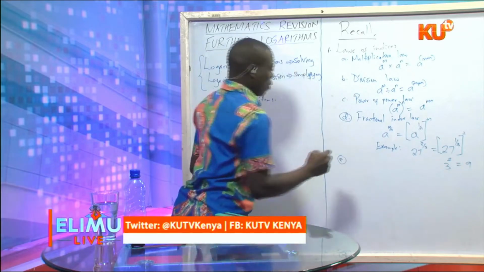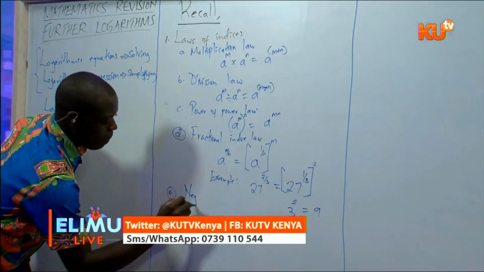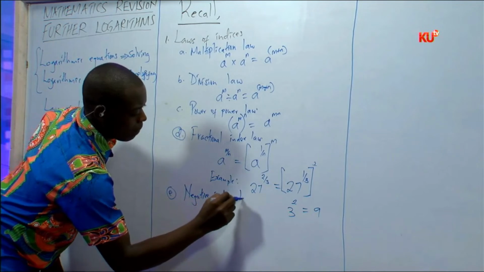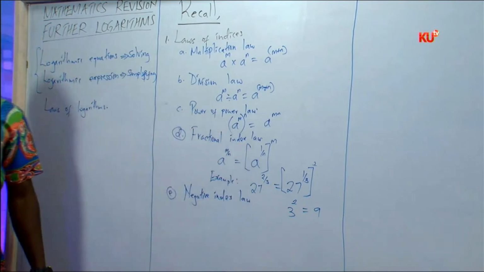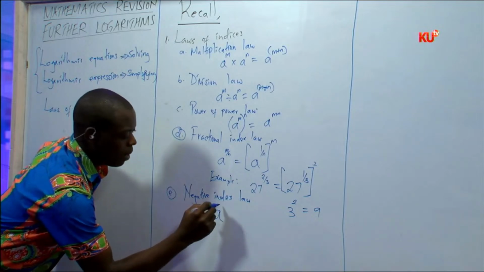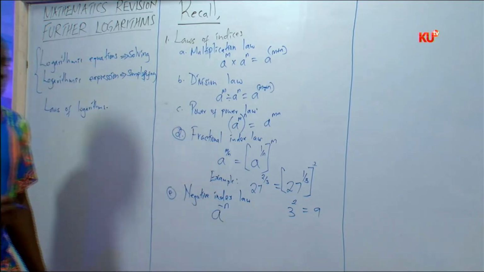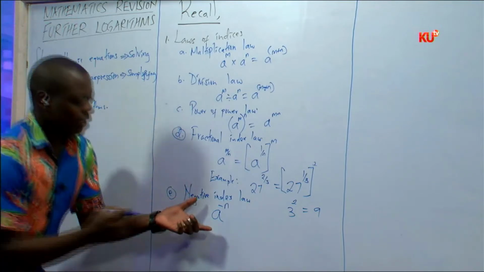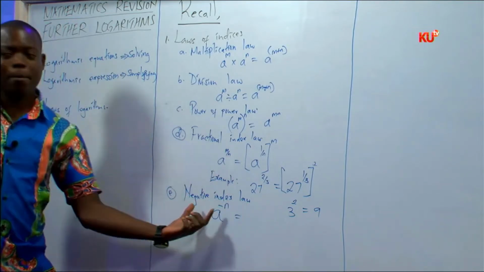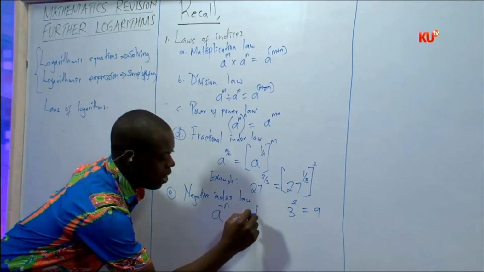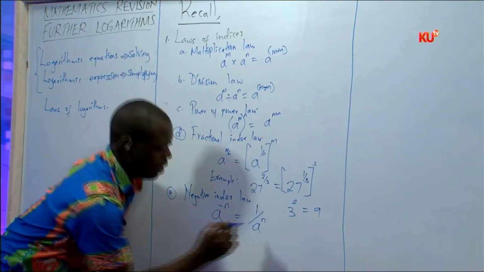We have another one we call the negative index law. In the negative index law, we have a number a raised to the power of negative n. Now, what we have in this case, we take the reciprocal of the number given to now a positive power. So we'll have 1 over a power n.